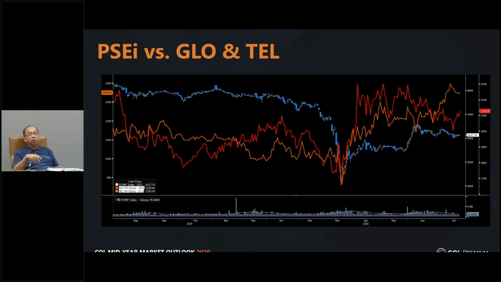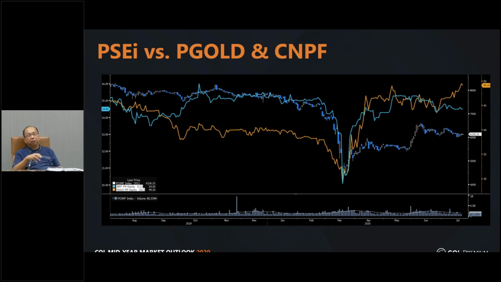The other one is, of course, the essentials. The essentials basically are Pure Gold and CNPF, Century Tuna. A lot of people are asking me, why not URC? I think URC is a good company also. The only difference between CNPF, Century Tuna, and URC is that URC is not essential, because you have a lot of Jack and Jill, sugar, drinks, C2.